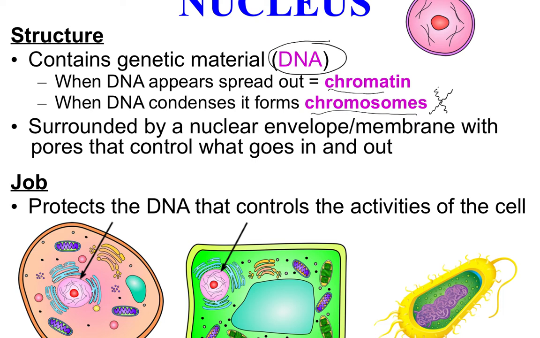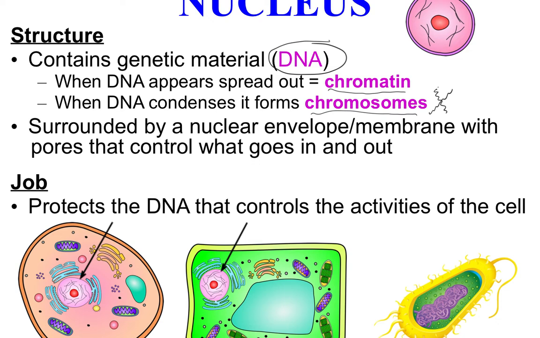So chromatin and chromosomes are made up of the same thing. It's just that one of them is more spread out and one of them is in condensed form. This all depends on where the cell is in its replication process.